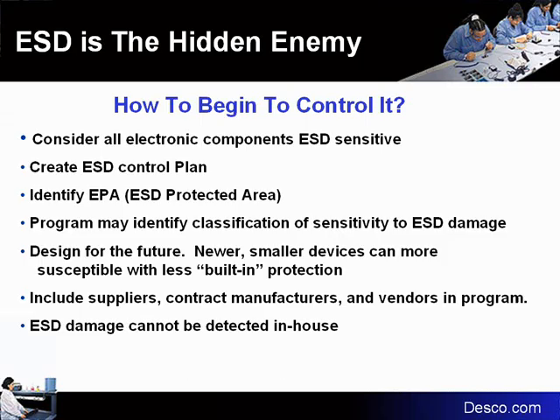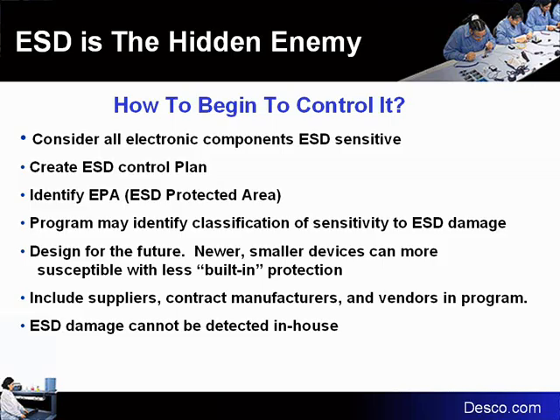So what we need to do is understand how we need to control static electricity and protect our devices at the workstations. One, we need to have an ESD control plan, which would typically be a written control plan. We need to identify an ESD protected area, or an EPA. Sometimes people will identify different classifications for different EPAs.